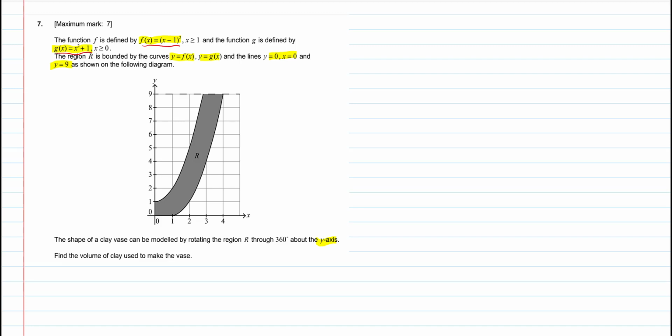We're given that y equals f of x, so we'll just write y equals, and f of x is x minus 1 all squared, and then just making x the subject, we just square root both sides, and we just take the positive square root because we know that x is a positive number, and also for the g of x, x is greater than or equal to 0, so for both of these we just take the positive square root. So square root of y is equal to x minus 1, and therefore x is equal to the square root of y plus 1.